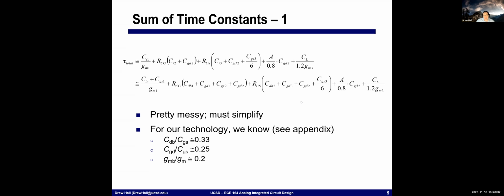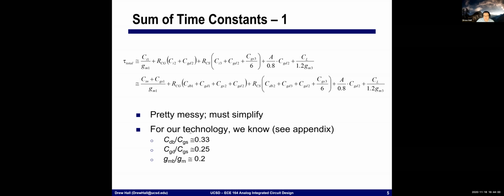And so what I've done is I've gone through and I've characterized the ratios of capacitances for this particular technology. These are very particular technology numbers. You need to do this for each type of technology, but they're pretty good estimates once we have a handle on them. So things that I want to look at are ratios of capacitances for the same transistor.